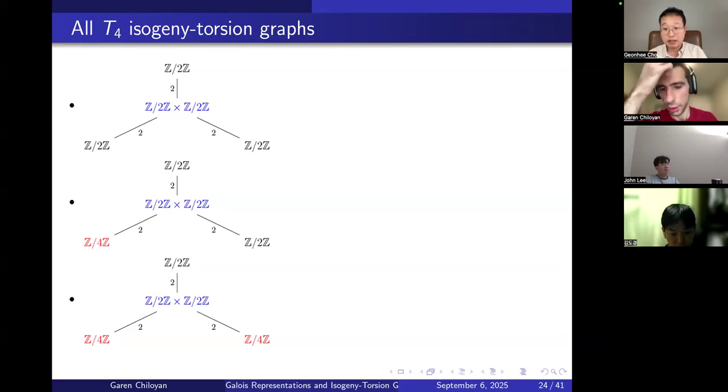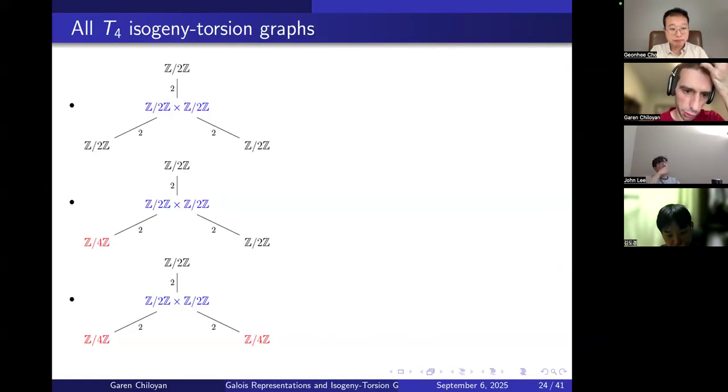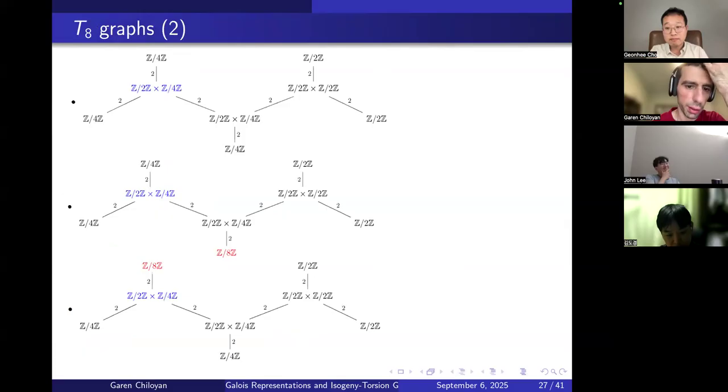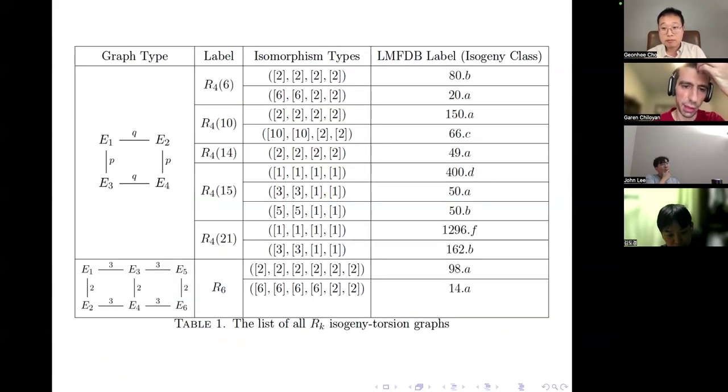Okay. Yes. So let's stop at the rectangular isogeny-torsion graphs. There are more. I'll show you quickly, but I'll go over it later. These are the last, like another 7 or so. But let's stop at the rectangular isogeny-torsion graphs.